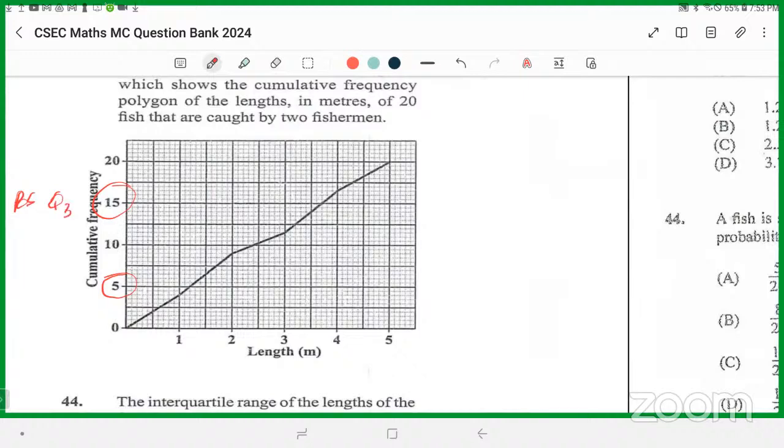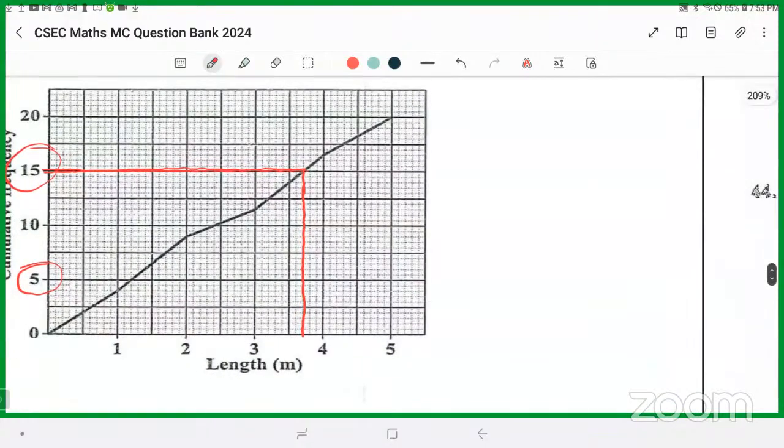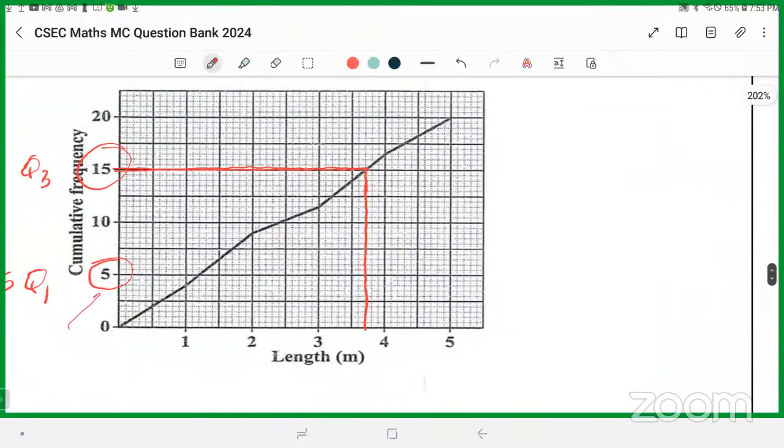You have to come across on the graph to find out what Q3 is, and then read it down. We'll have to get the scale on the horizontal axis afterwards. And then the position of Q1 is this.